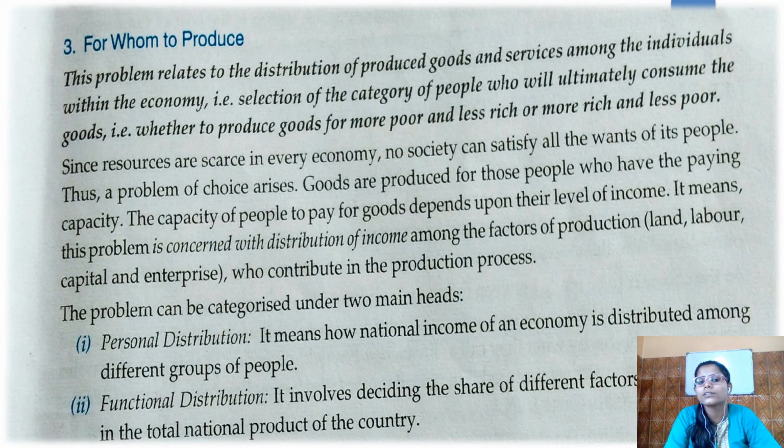The factors of production are land, labor, capital and entrepreneur. For land you pay rent, for labor you pay wages, for capital you pay interest, and the entrepreneur earns profit. So this is related to the central economic problem.